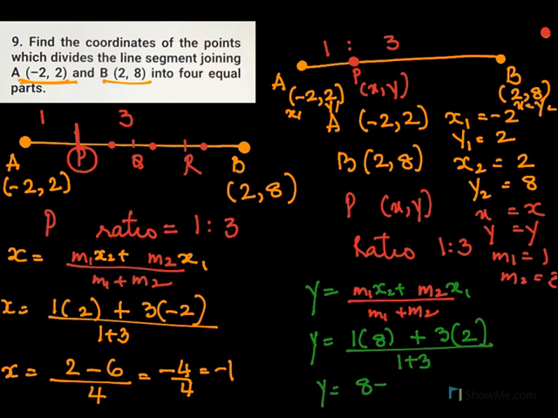So Y equals 8 plus 6 over 4, and that is 14 by 2, and that is 7. So we found the coordinates of P. The coordinates of P are -1 and 7.